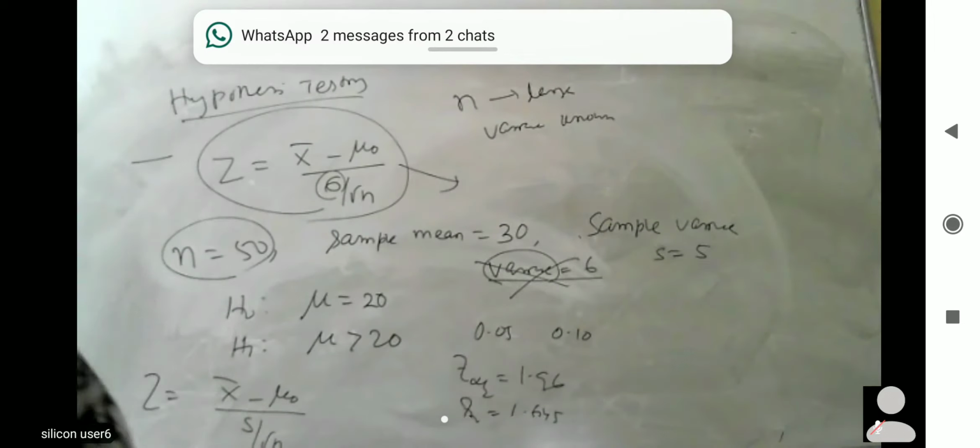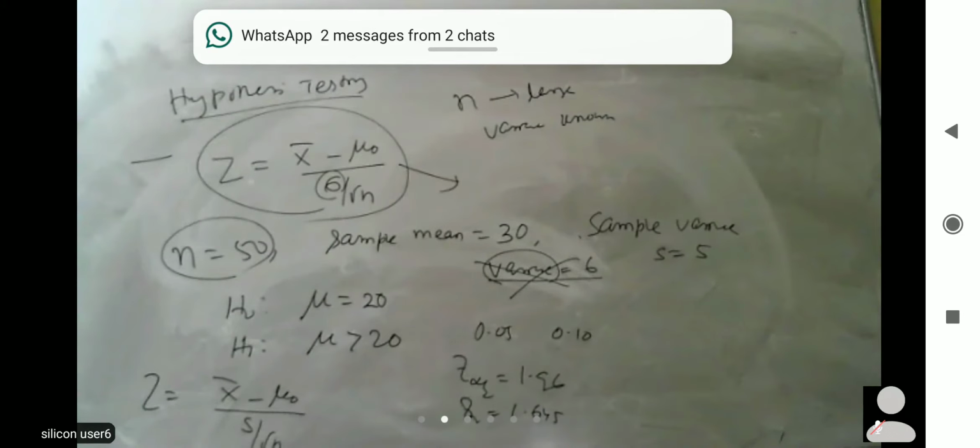But instead of sigma, we write s: X bar minus mu 0 by s by square root of n. Why do we use this? Because here the sample size is greater than or equal to 30. We have a large sample. If we have a large sample, the t distribution is approximately equal to the normal distribution. Got it?